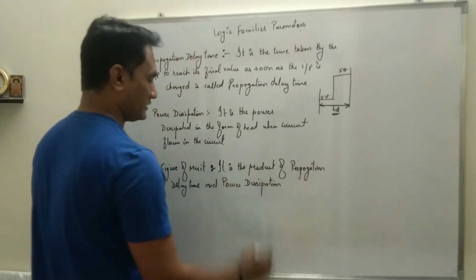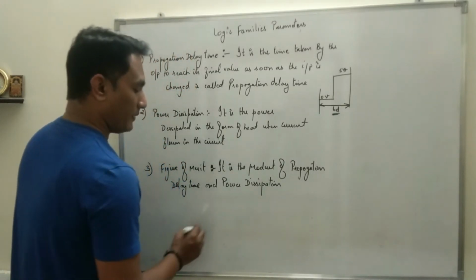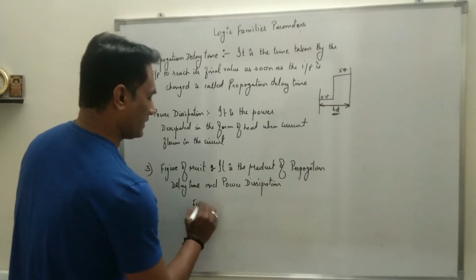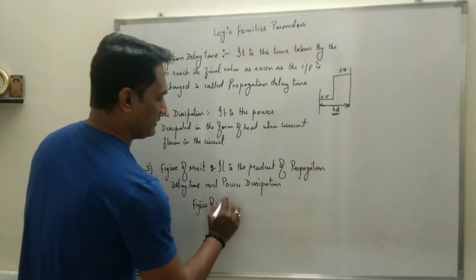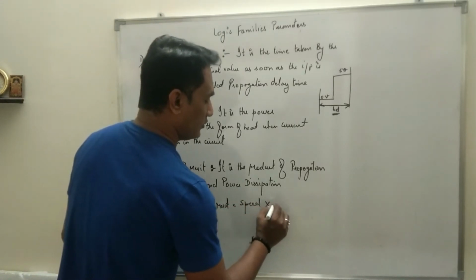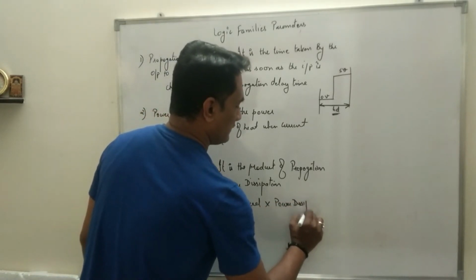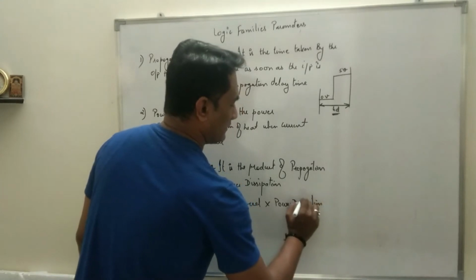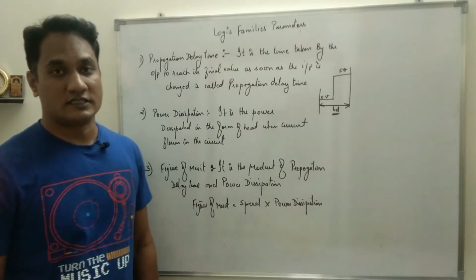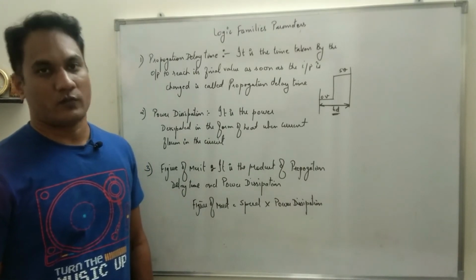So figure of merit is the product of propagation delay time and power dissipation, that is, speed into power dissipation. Of course, for a good logic family, the power dissipation should be as small as possible.